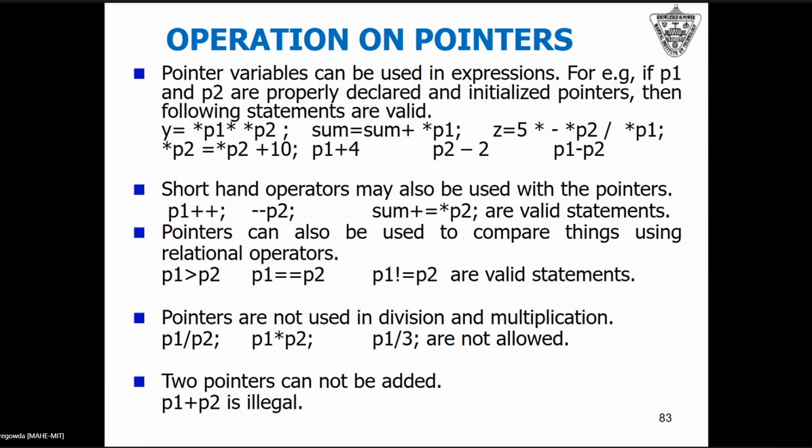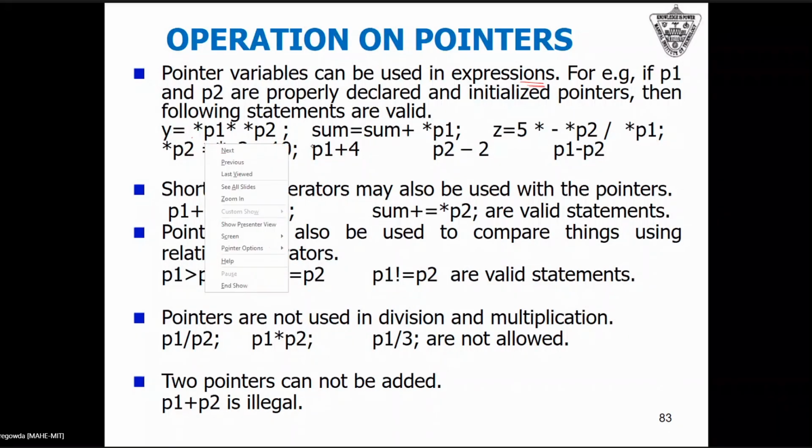So what operations can you perform on pointers? The first operation: pointer variables can be used in expressions. For example, y = *ptr1 * *ptr2 means that the two values pointed to by the pointers can be multiplied.